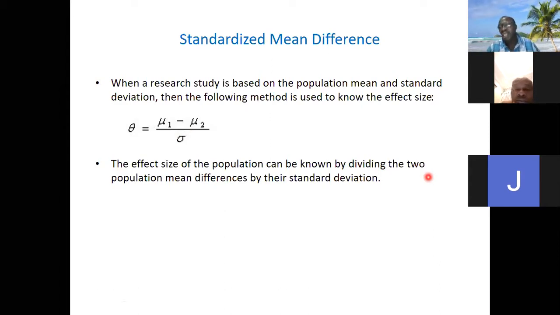Mu is the notation for population mean. It's for a parameter because population mean is a parameter. So mu1 minus mu2 means two different populations, over the standard deviation, the combined standard deviation of the population. The effect size of the population can be known by dividing the two population mean differences by their standard deviation.